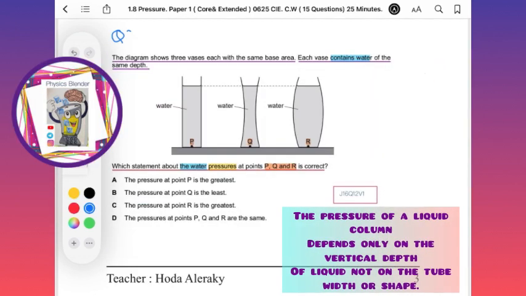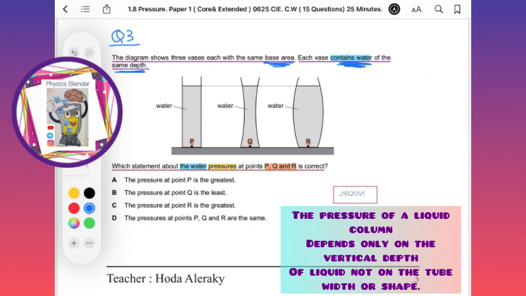Question 3, we have a diagram showing different shapes. We have vases, each has the same base area, each one contains water at the same depth. Which statement about the water pressures at points P, Q, and R is correct?